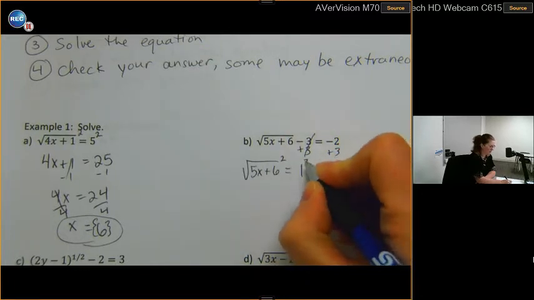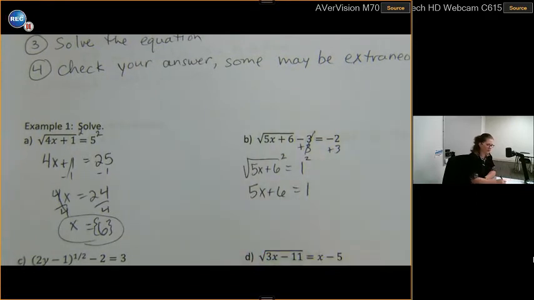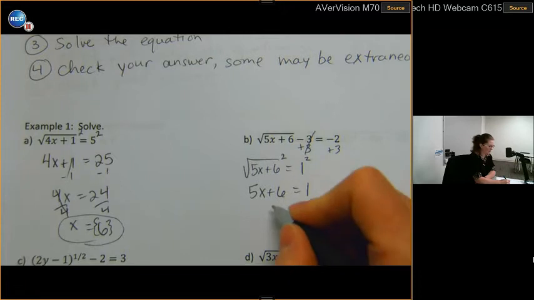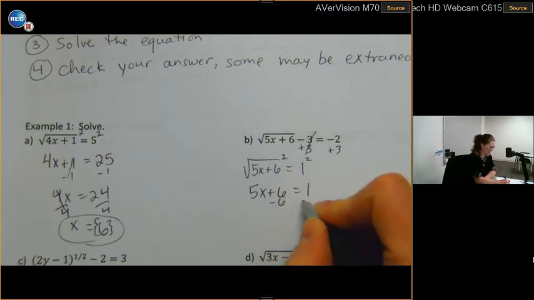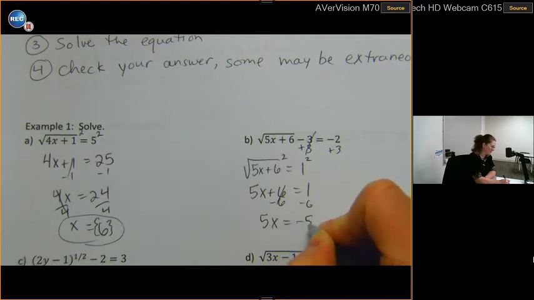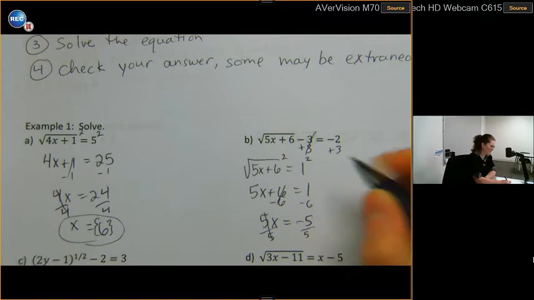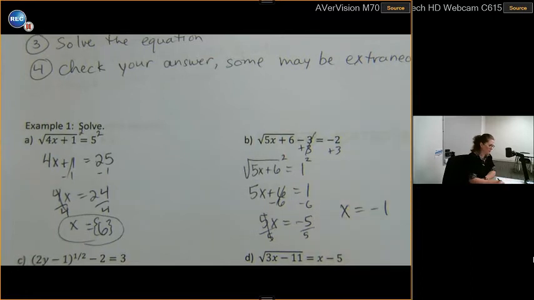Square both sides, so then it's just 5x plus 6 equal to 1. And finish solving, so I'm going to subtract 6. I'm going to have 5x equals negative 5. Divide by 5. And we get x equals negative 1.